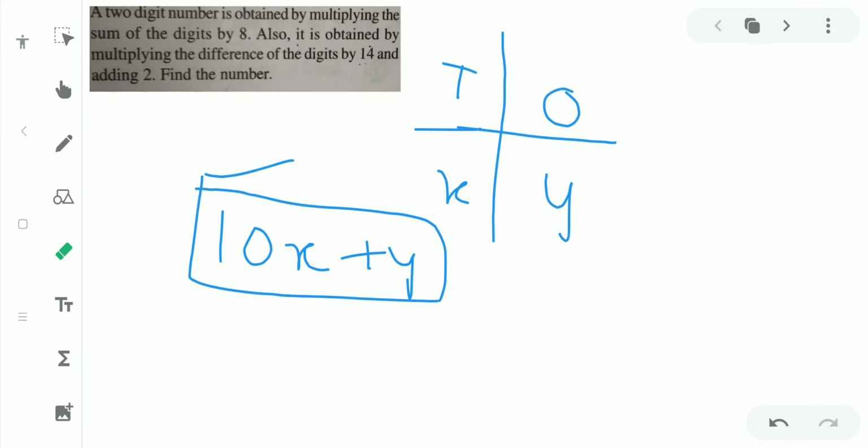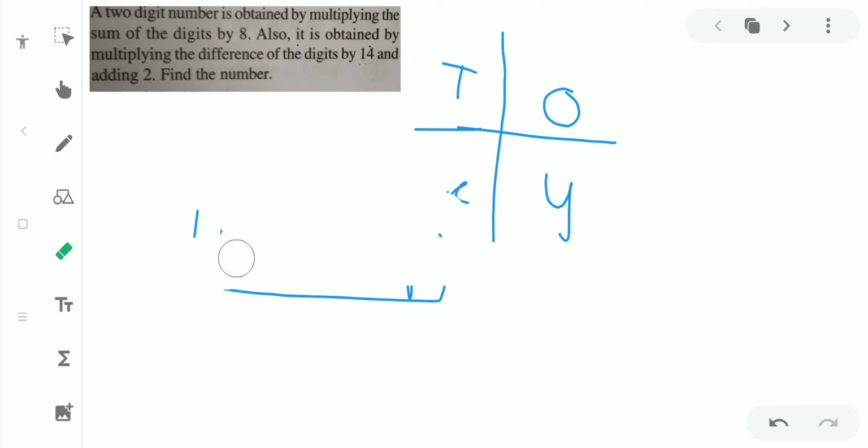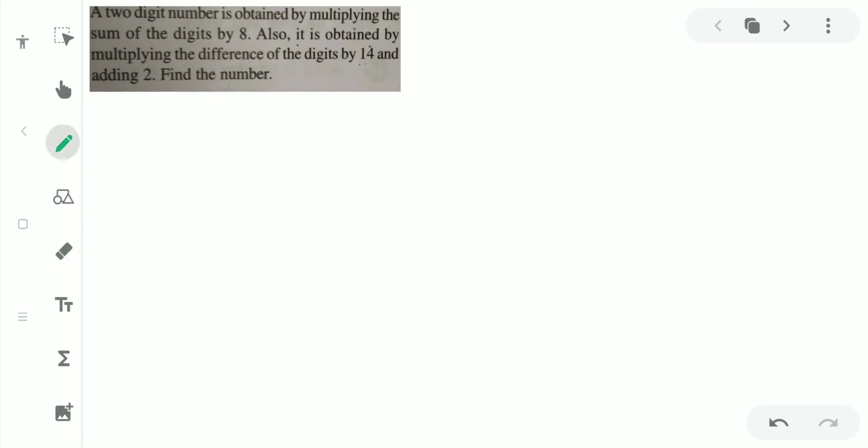Here also I did the same way. So now let us consider that number. Our number is 10x plus y, a 2-digit number. This 2-digit number is obtained by multiplying the sum of digits by 8.